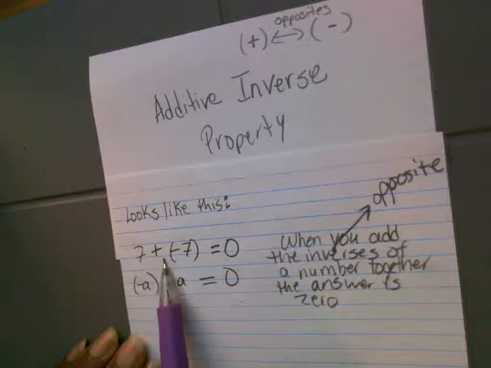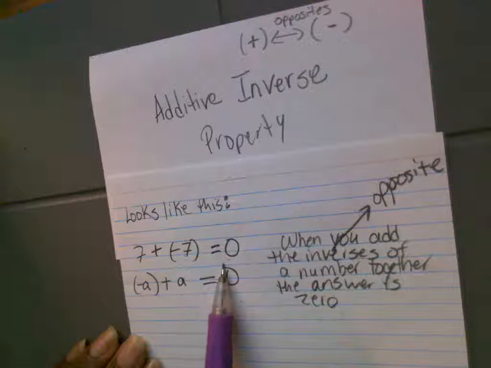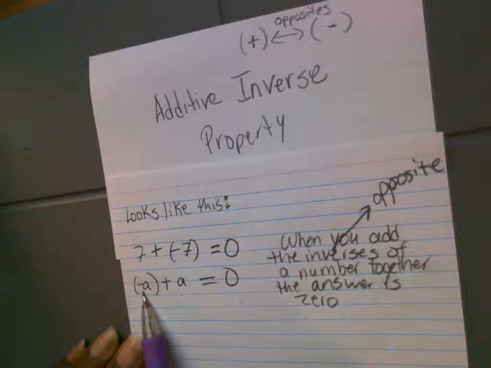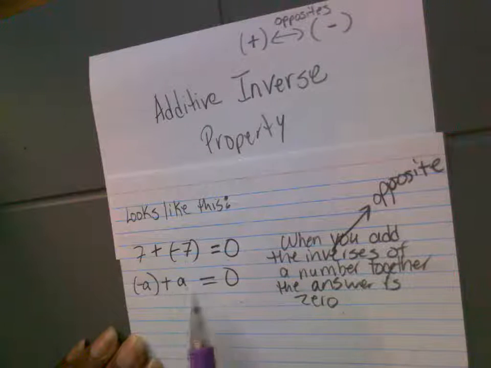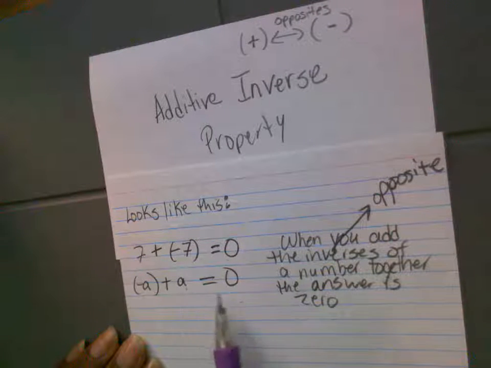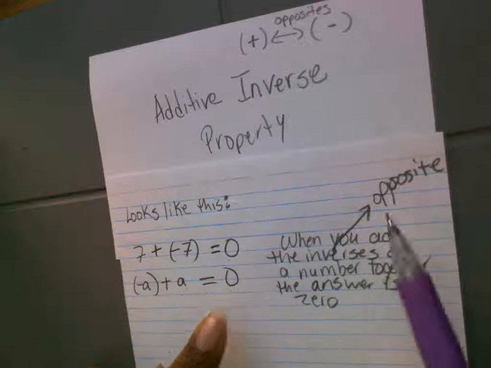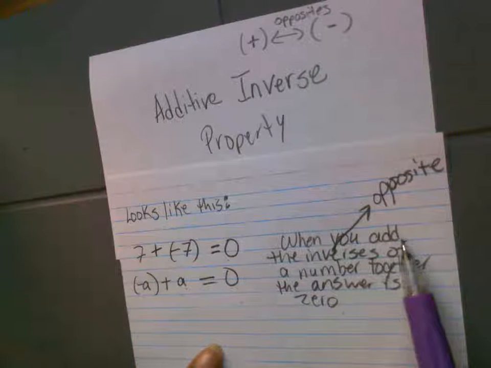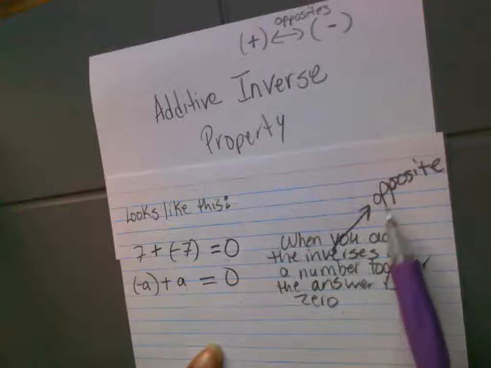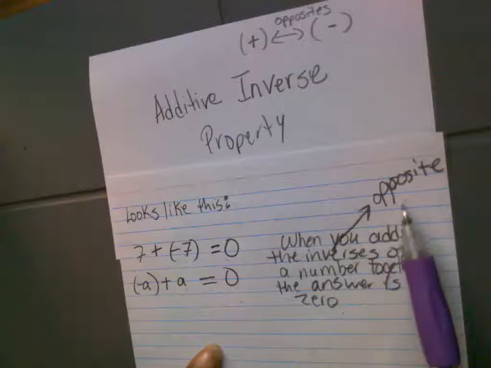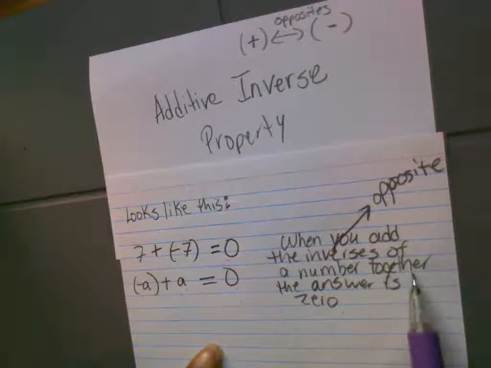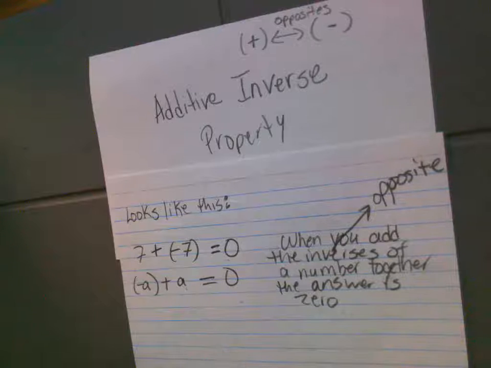So positive 7 plus a negative 7, and your answer is going to be 0. A negative a plus a positive a, no matter whatever a is, the answer is still going to be 0. So when you add the inverses, or another word for inverse could be opposite, of a number together, the answer is going to be 0.